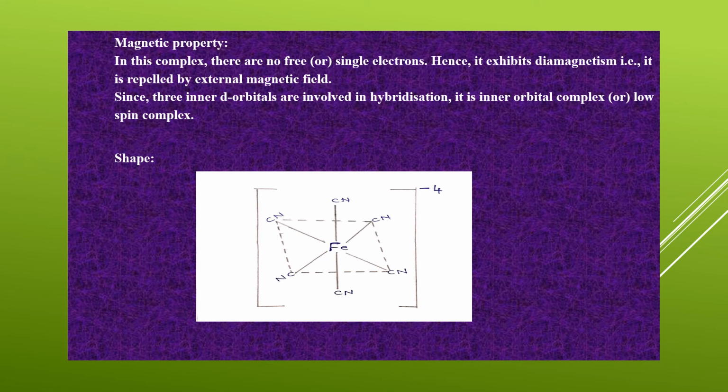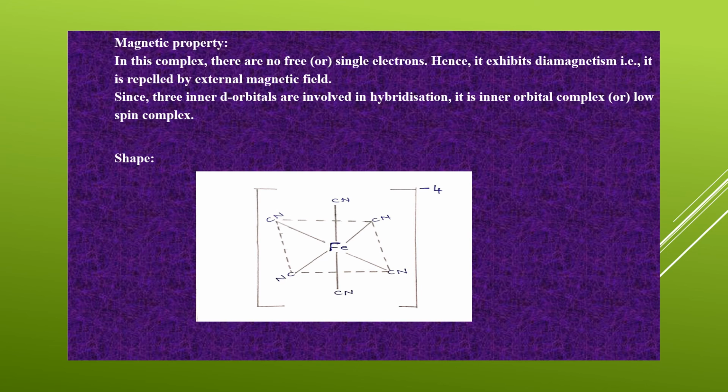Next, if we observe the magnetic property of this complex ion, there are no free electrons. There are no unpaired electrons or single electrons. Hence we say it exhibits diamagnetic behavior. What is diamagnetism, students? That means it is repelled by the external magnetic field as there are no free electrons.